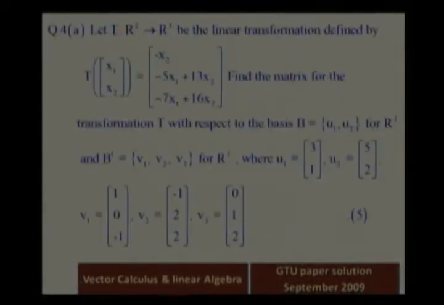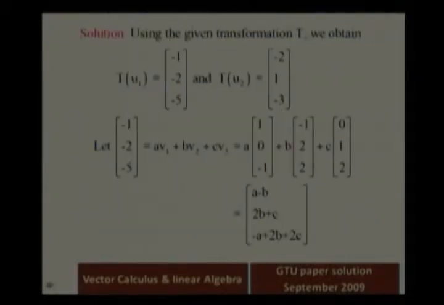And then minus 7 into 5, that is minus 35, plus 16 into 2, that is 32. So minus 35 plus 32, that is minus 3. So you can see T of u1 is equal to (-1, -2, -5) and T of u2 is equal to (-2, 1, -3), right?